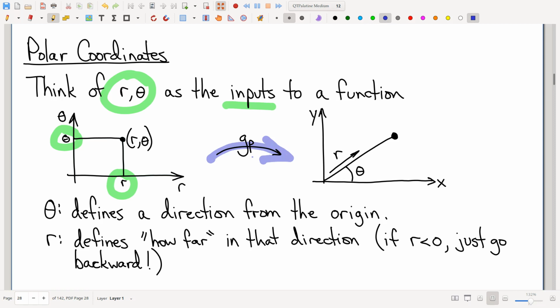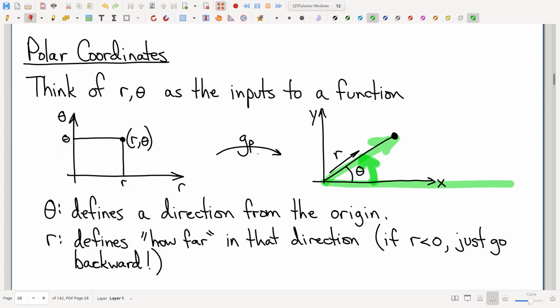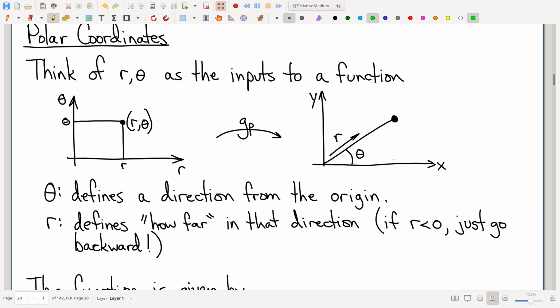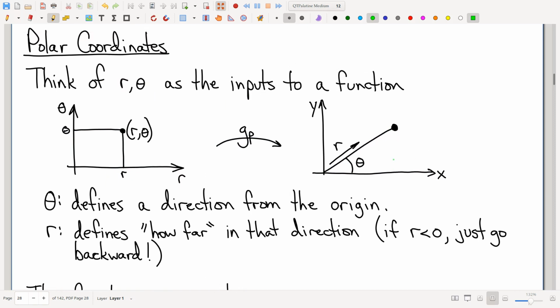And there is a function which, if you give me an r and a theta, then I can give you a corresponding x and y in such a way that theta effectively tells me this angle, measured off the positive part of the x-axis, going counterclockwise, and then the resulting r is how far do I go in that direction. Okay, now I've already committed a little math crime. So let me confess. You'll notice I put how far in quotes.